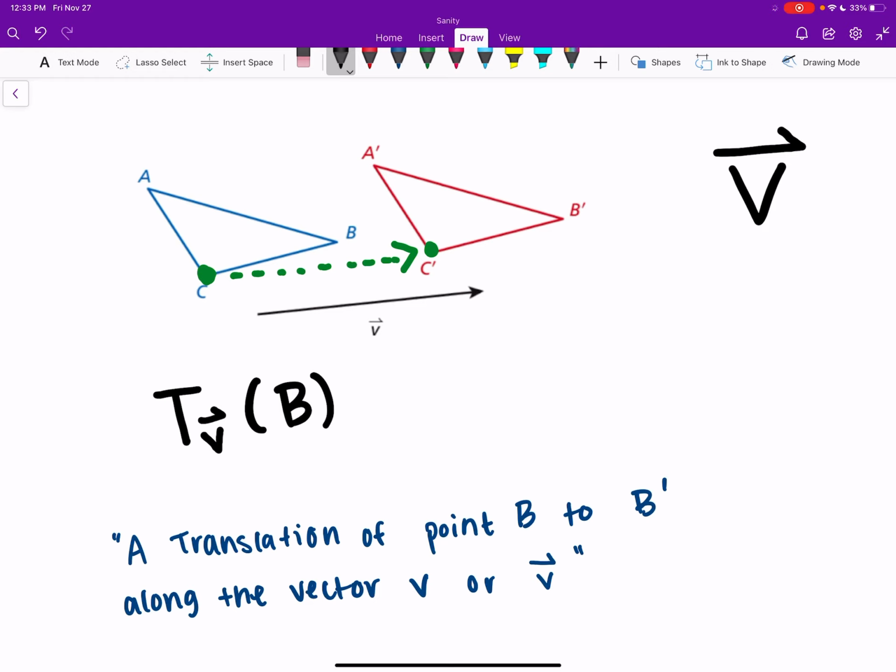We put our vector name, and then above it we draw a half arrow. So this means a translation using vector V, a translation of point B. After applying that translation, you get B prime. All right, we won't use that too much, but nice to think about. Maybe I'll use that as an extra credit question. You never know.